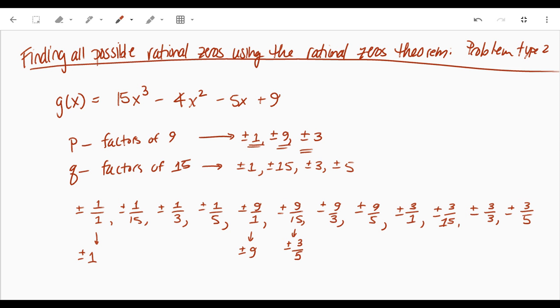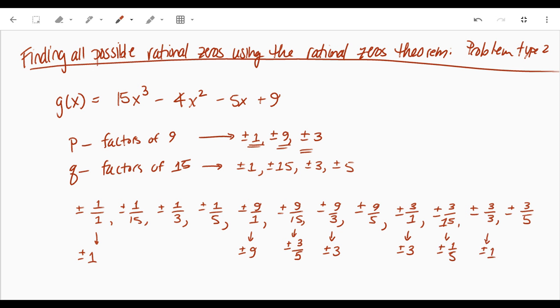If you reduce your fraction, 9/15 reduces to 3/5. This will be positive negative 3. This one is also positive negative 3. This is positive negative 1/5. And then we have positive negative 1.